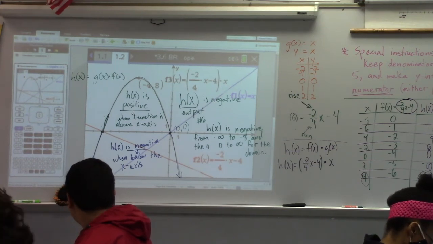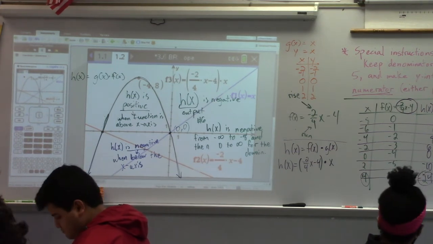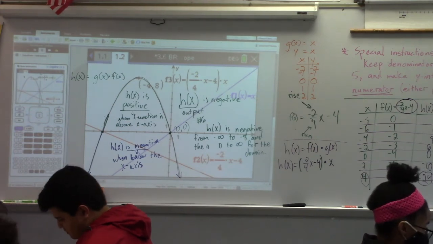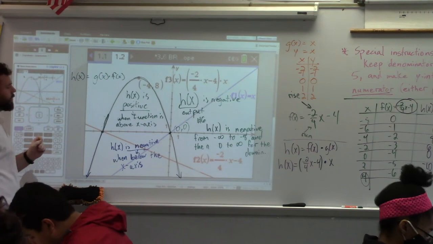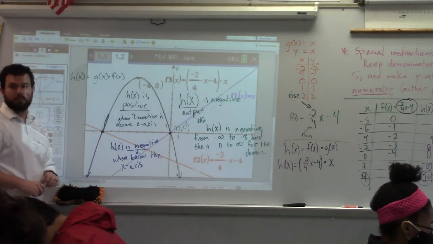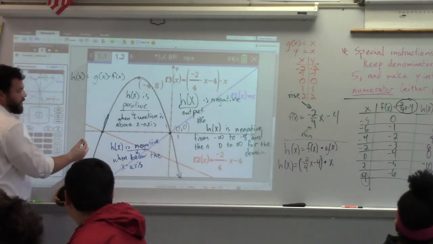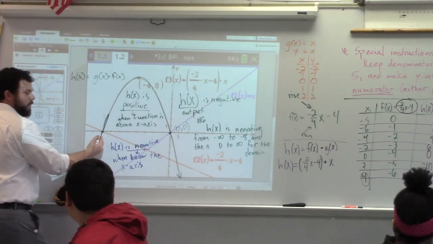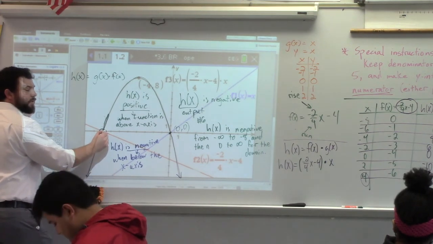Miss Courtney will wrap this up a little bit tomorrow, but I want to point this out, and I need you to notice this very heavily. Where does the function change from being positive to negative? On the x-axis. Not just the x-axis, the x-intercepts.